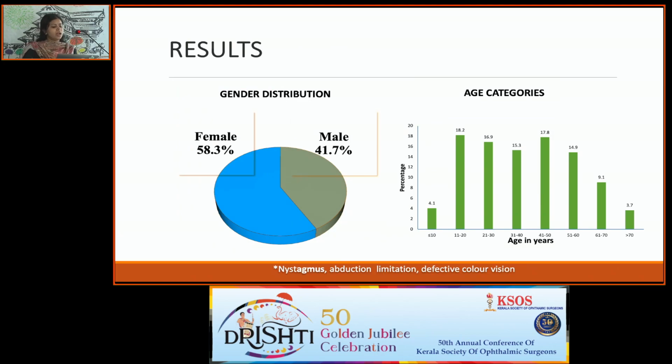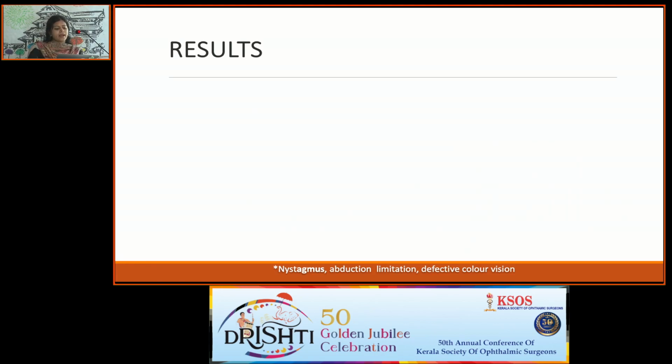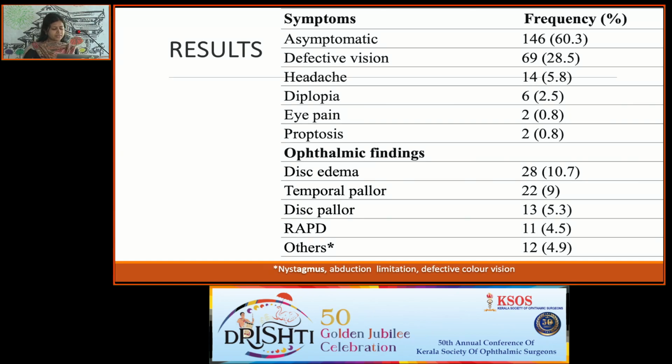Coming to the results, the majority of the population had female predominance, with the age group peaking at 11 to 20 years and 41 to 50 years. The majority of patients were asymptomatic. Among the symptoms, diminution of vision was followed by headache, diplopia, eye pain, and proptosis.